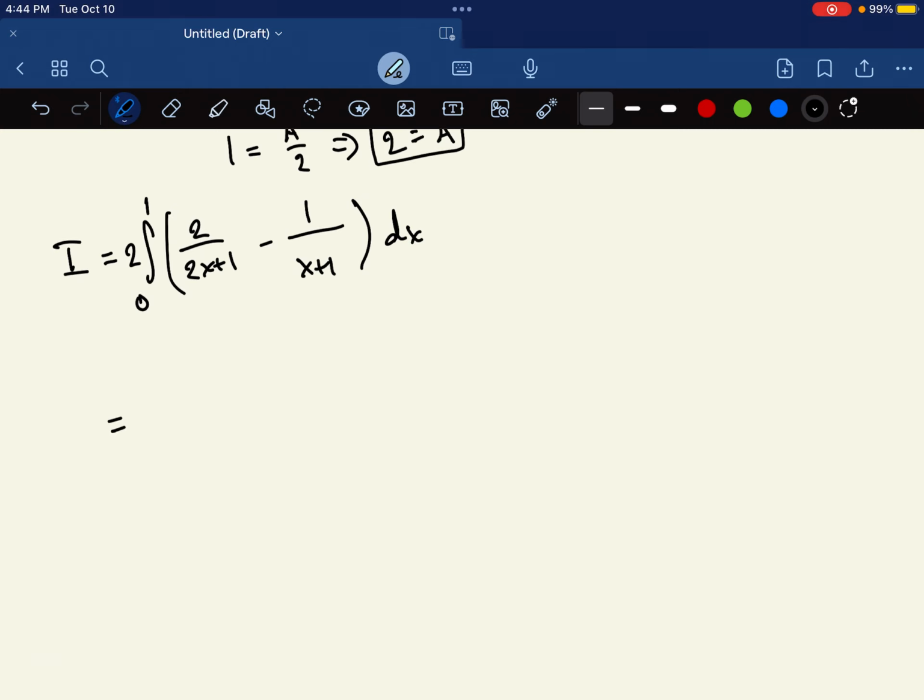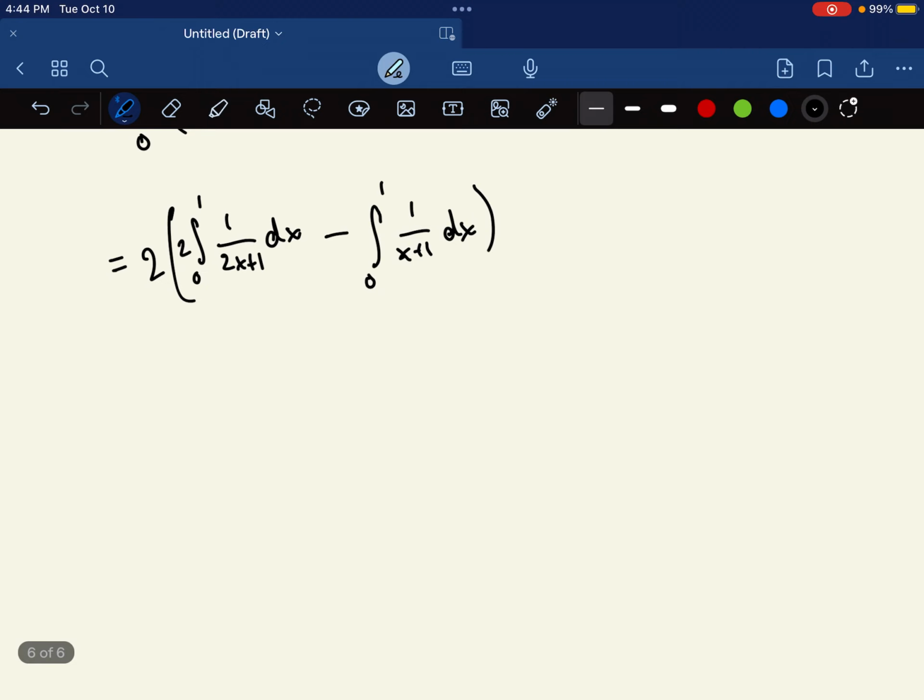This is equal to 2 times the integral from 0 to 1 of, we'll take the 2 out of that, so we've got 2 out here, of 1 over 2x plus 1 dx, minus the integral from 0 to 1 of 1 over x plus 1 dx.